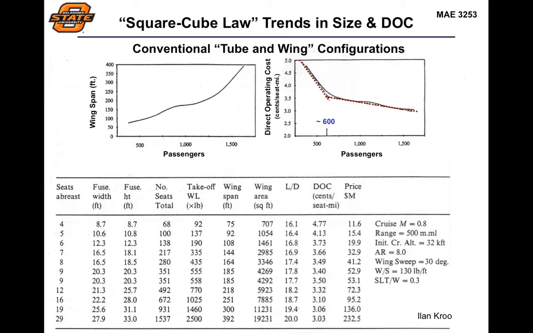Another aspect of it is the actual direct operating costs that you'll have with the aircraft. So how many dollars does it cost per seat per mile that the aircraft is actually traveling? And you start to decrease that as you make the aircraft bigger. It's the economy of scale. But at some point, when you have these larger aircraft, they also become harder to maintain and harder to service.